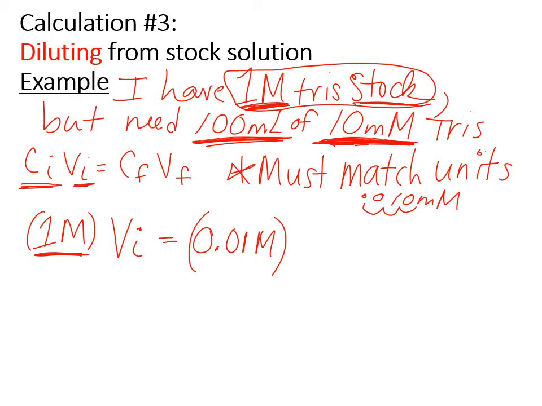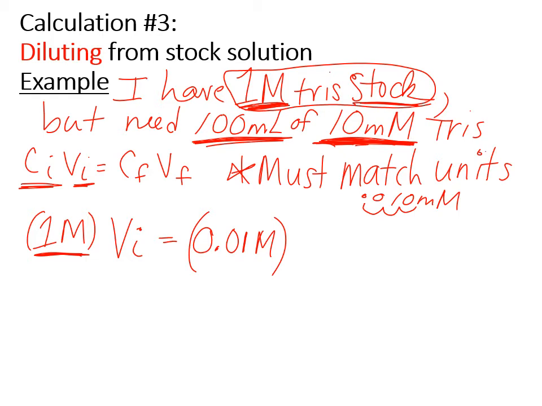Again, if that step just blew your mind and you're like, wait, why did she just write 0.01? Message me in the Remind app and I'll go through that conversion again, okay? The last point that we need to fill in is our VF, the final volume.